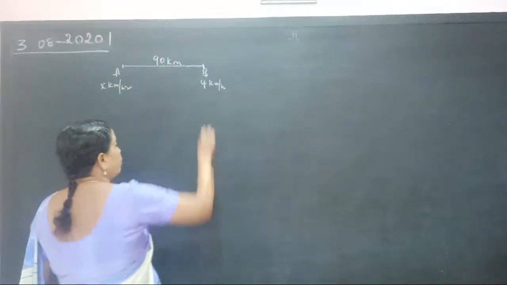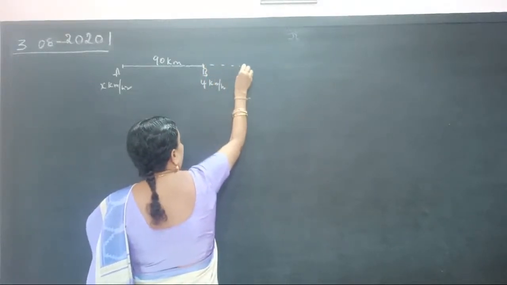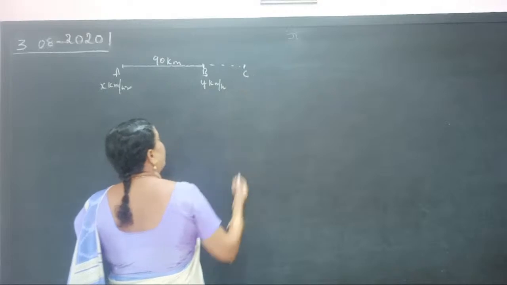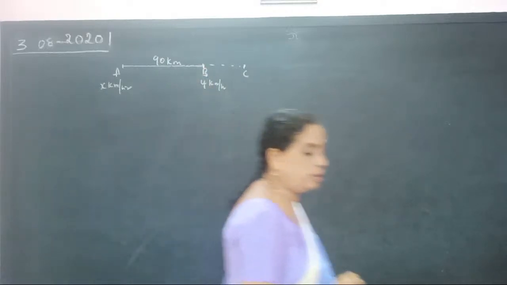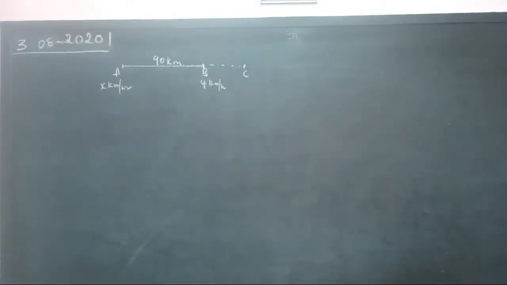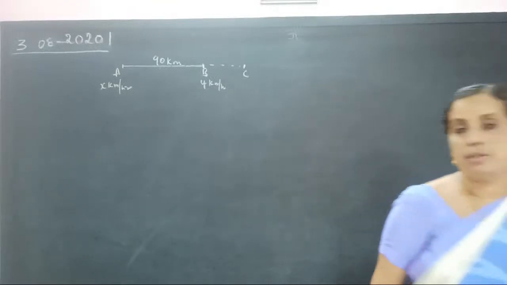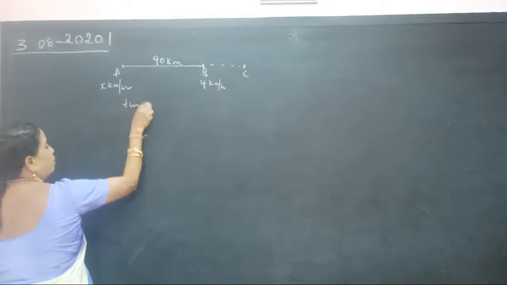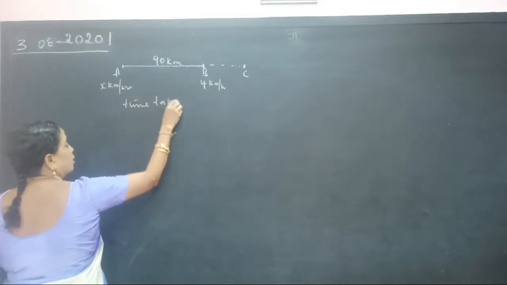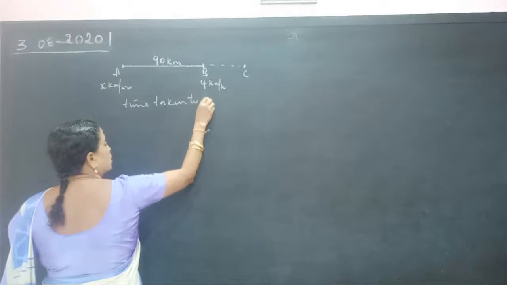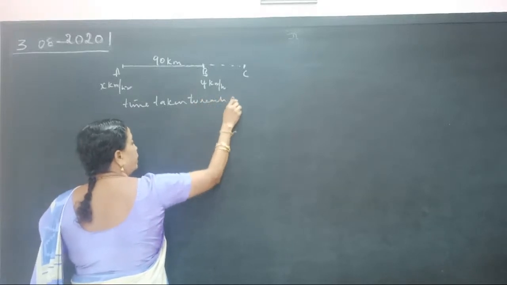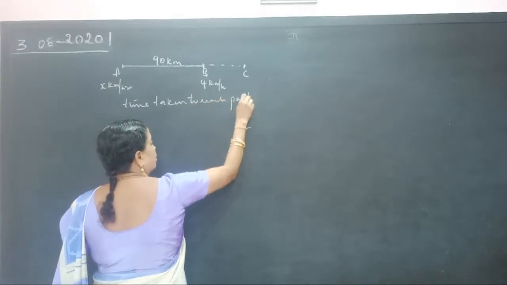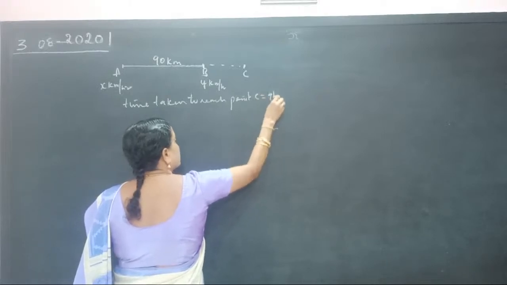Condition, if they move in the same direction, they meet at a point after how many hours? After 9 hours. That is, the time taken to reach point C is 9 hours.